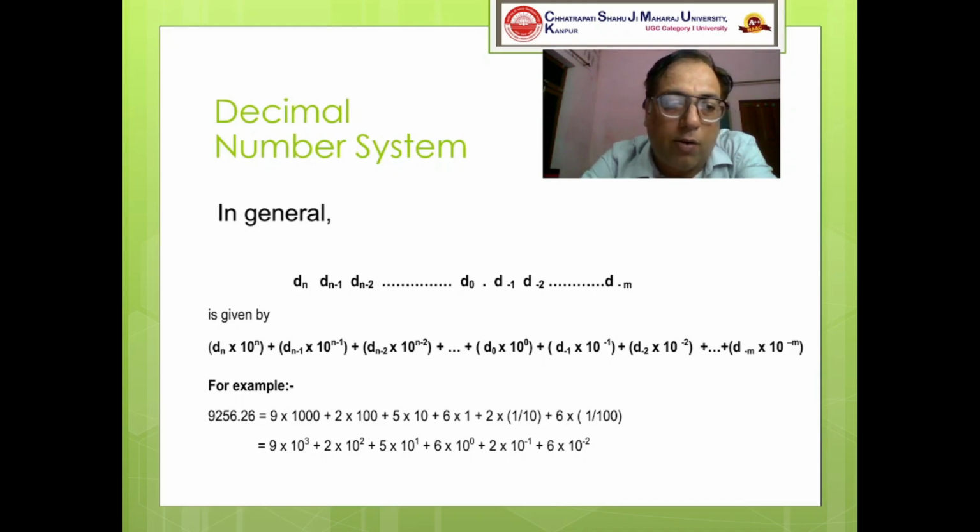So, 9 into 10 to the power 3 plus 2 into 10 to the power 2 plus 5 into 10 to the power 1 plus 6 into 10 to the power 0, plus the digits after the radix point: 2 into 10 to the power minus 1, 6 into 10 to the power minus 2. In this way, you can expand a decimal number.